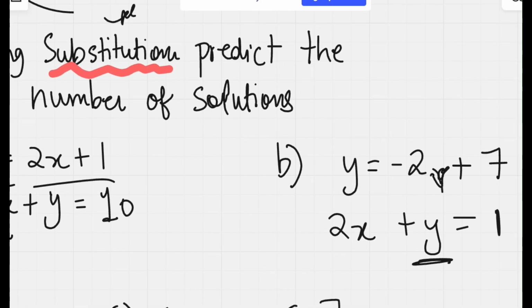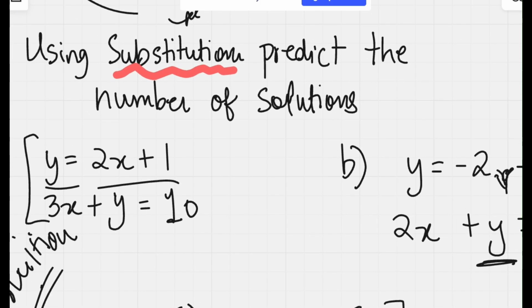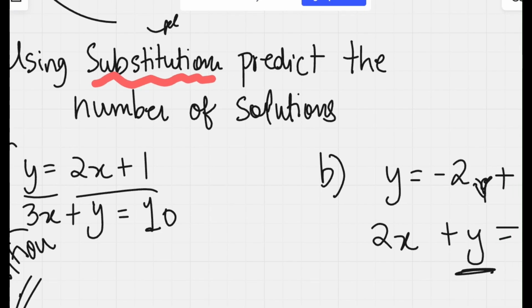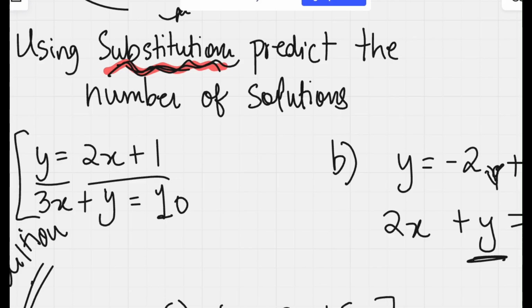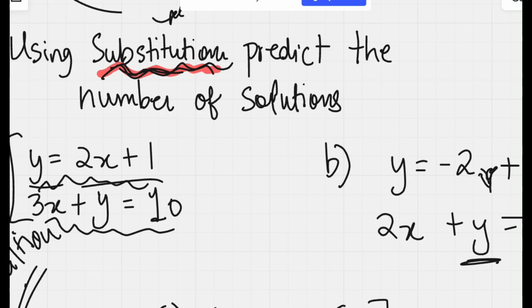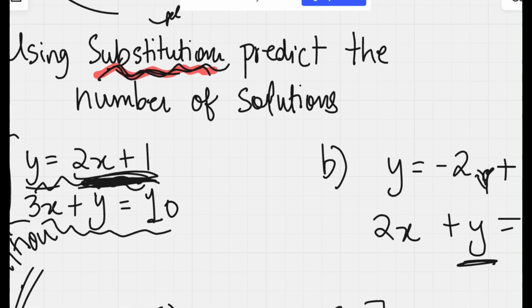Let's move on to the number of solutions using substitution. Previous video, remember? So now, here we have y equals 2x plus 1 and 3x plus y equals 10. You might be wondering, how can we use substitution to see this? Here we can clearly see that we have our y value.